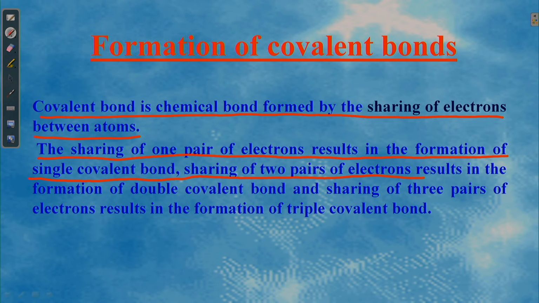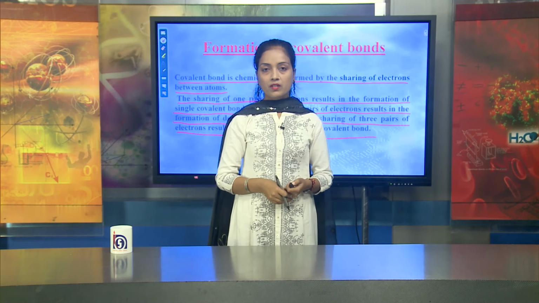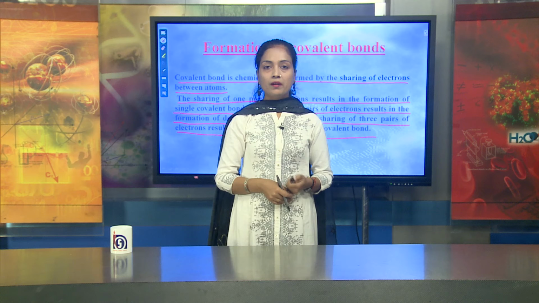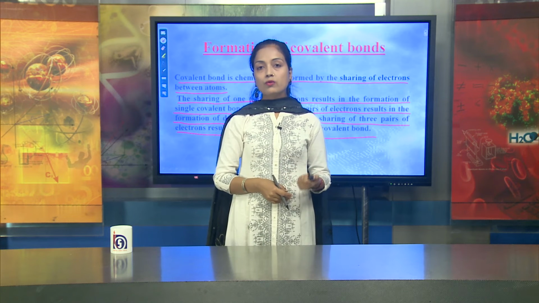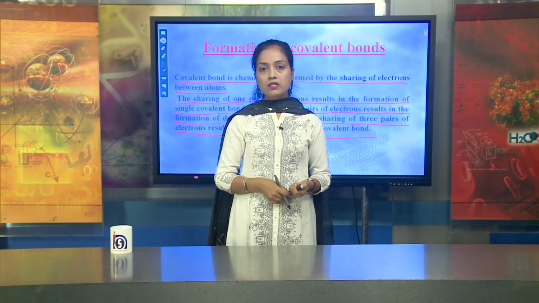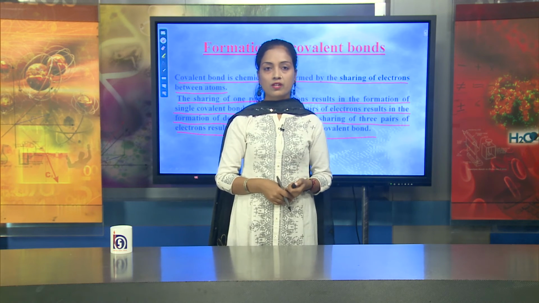Two pairs of electrons result in the formation of a double covalent bond, and sharing of three pairs of electrons results in the formation of a triple covalent bond. So in this manner, we can say that covalent bonds are of three types: single covalent bonds, where 1 pair of electrons is shared, double covalent bonds, where 2 pairs are shared, and triple covalent bonds, in which 3 pairs will be shared.